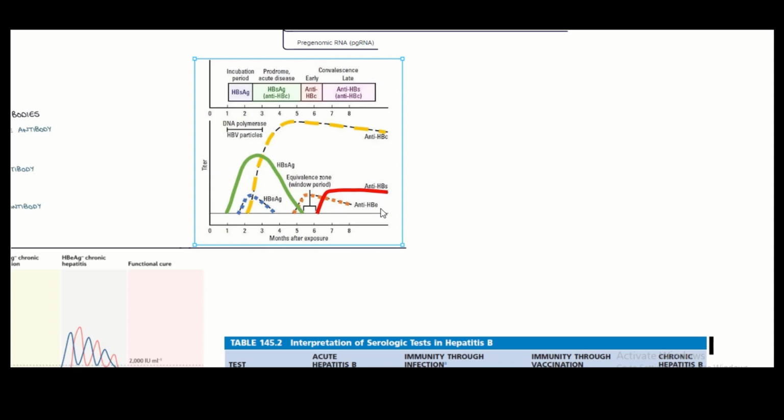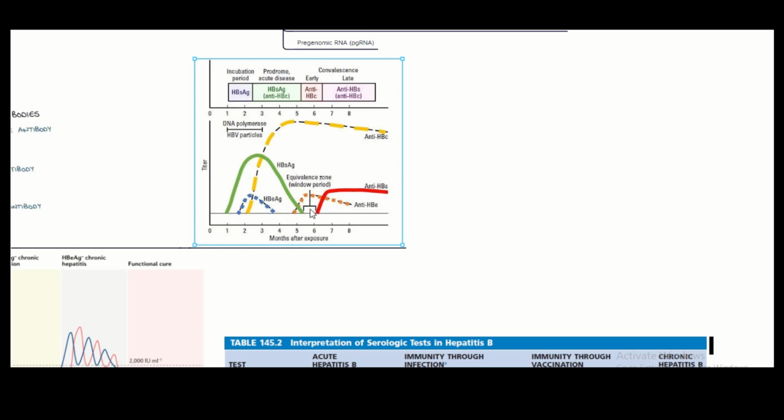So, we have a specific period called the window period. This window period is the period between the disappearance of the HBs antigen and the seroconversion of it into anti-HBs, the antibody. After this window period, the only detectable serological marker is the anti-HBc. All the other markers will not be visible.